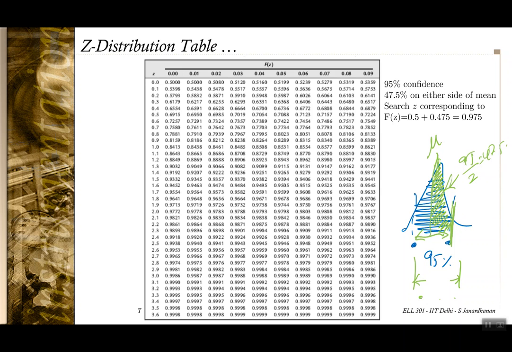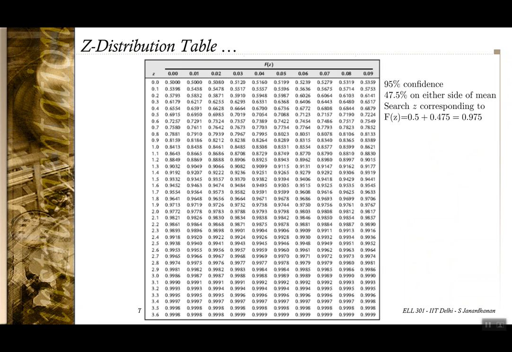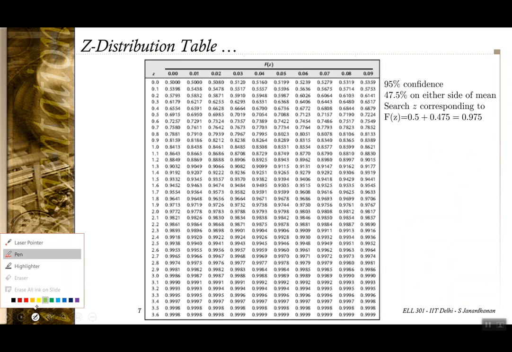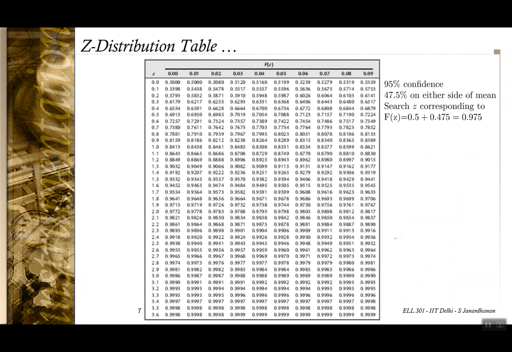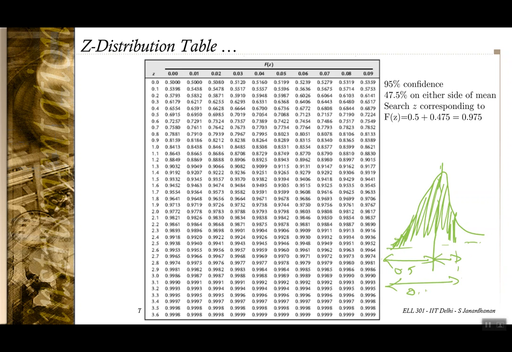Now, I deleted all the graphs. What we had was the z distribution, in which f of z gives us the area of the graph up to this value. There is a 0.5 here, and there is some more, and this 0.5 plus x is given in this table.